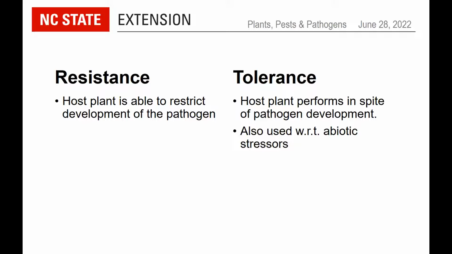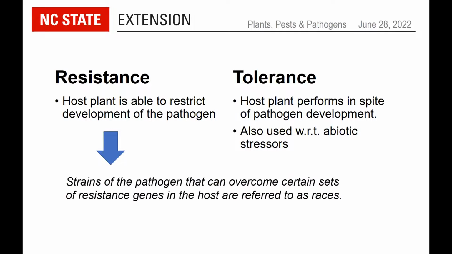Now, here's the wrinkle. You may have a plant that is resistant to a certain pathogen, but strains of the pathogen can occur and then be selected for because of the host resistance, and those strains can overcome certain sets of resistance genes used in the host. These strains are called races, and they're given numbers.